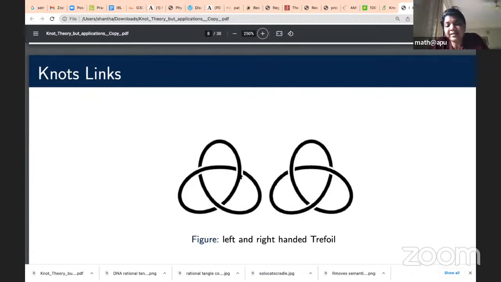One thing we notice is that at any crossing, exactly 2 strands cross. We don't have 3 or 4 strands crossing. If there is something like that, we move it a little so that at any point we see only 2 strands crossing. This is called a knot diagram.